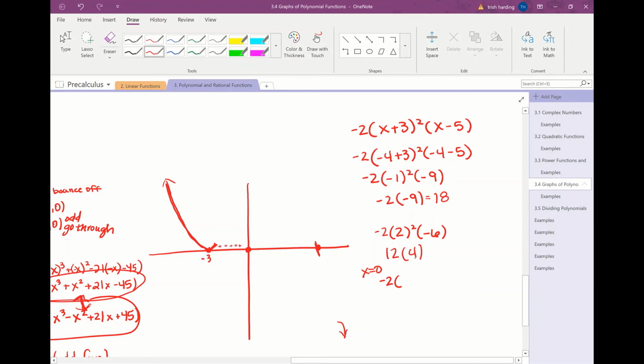So what about when x equals 0? What are we going to get, right? So that's going to give us -2 times 3 squared times -5. That will give us a positive number. It's 90.